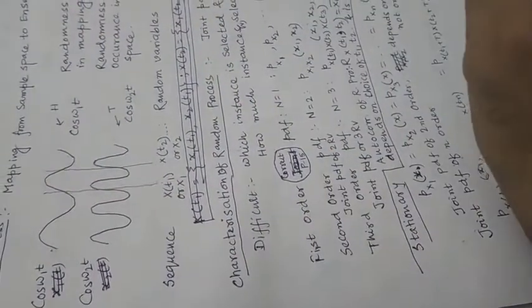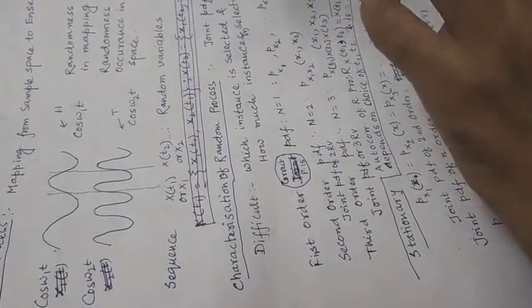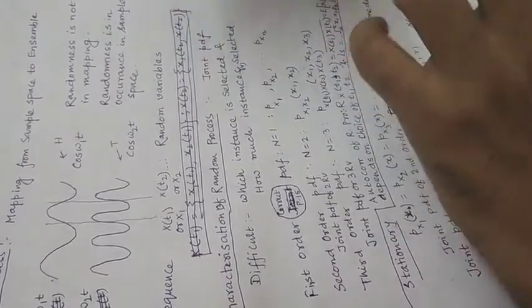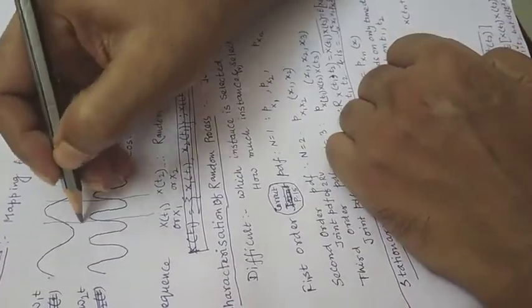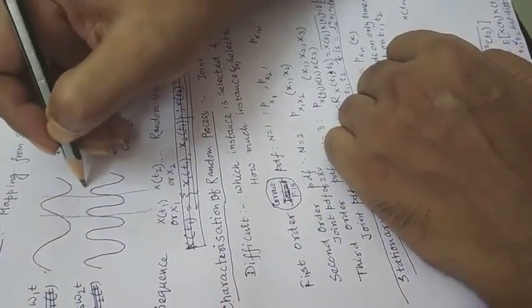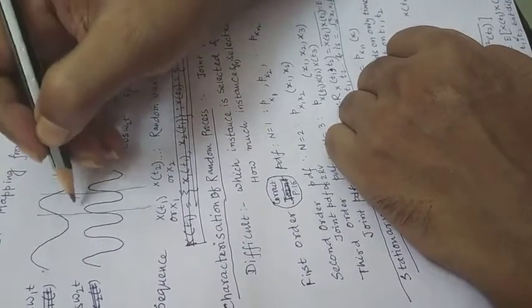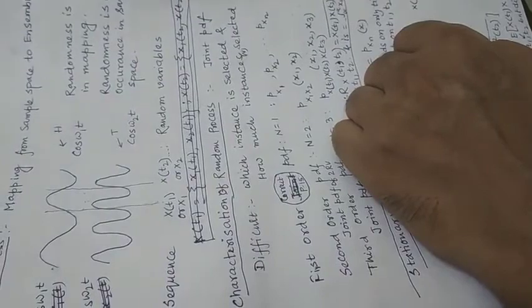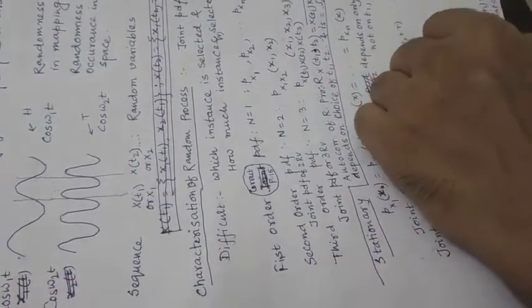We can represent it by a sequence, but the difficulty in characterizing a random process lies in two things: how many time instants we are considering, and what the difference between two instants is. Therefore, it is very difficult to characterize a random process.